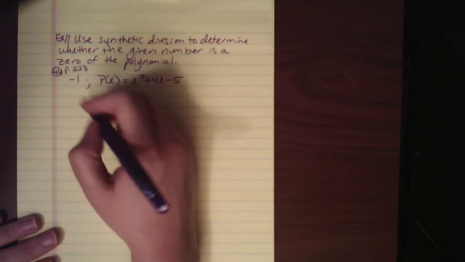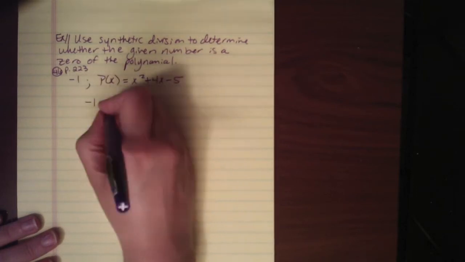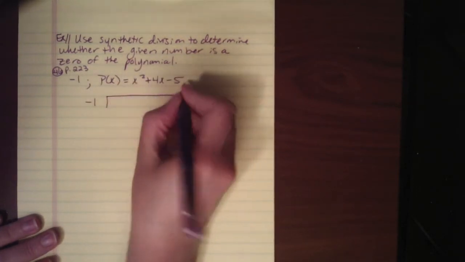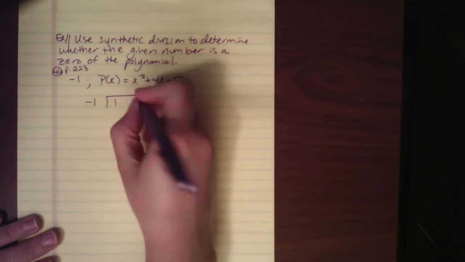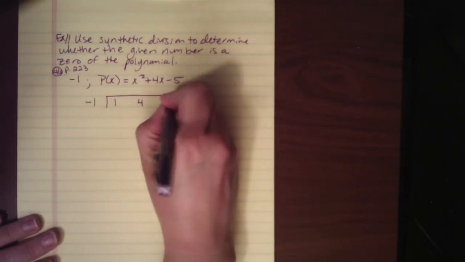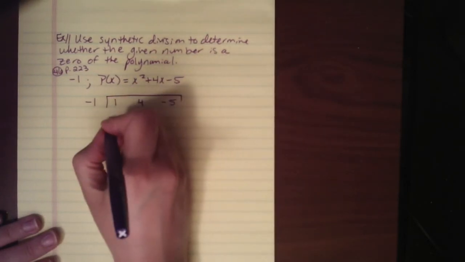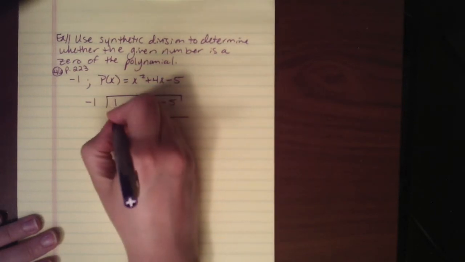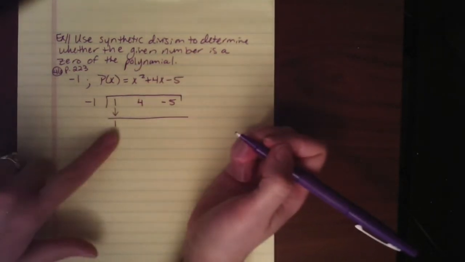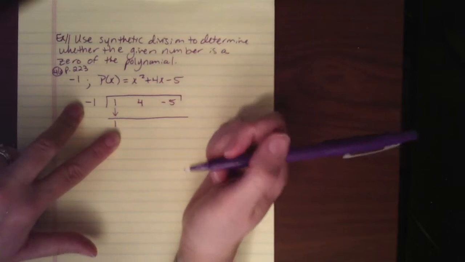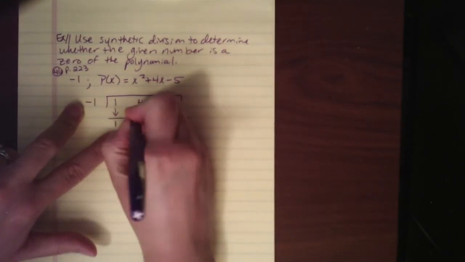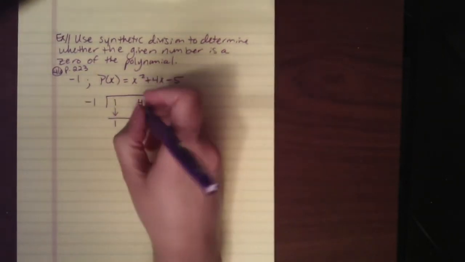So here's our synthetic division. This is the number we're checking, so we put it out front. We put our coefficients of our polynomial here, so 1, 4, -5. I don't need any 0 placeholders. 1 comes straight down, ends up below the bar, gets multiplied by -1, answer goes diagonally up.